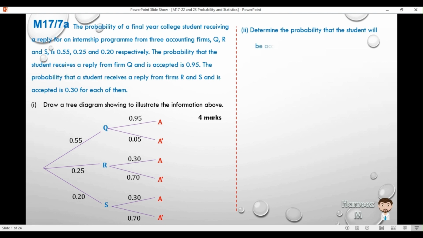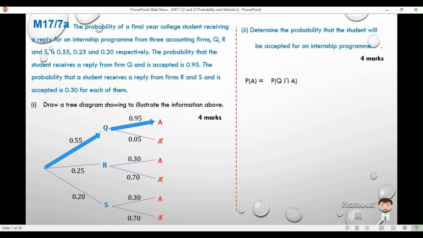So let's now go on to part 2, where it says to determine the probability that the student will be accepted for an internship program. If that's the case, where will they be accepted? If we look at our tree diagram, we can see there are 3 A's on the right hand side. So either he can follow the first path on the tree diagram, the highest set of branches, which will be Q and A. So that can be indicated as follows.